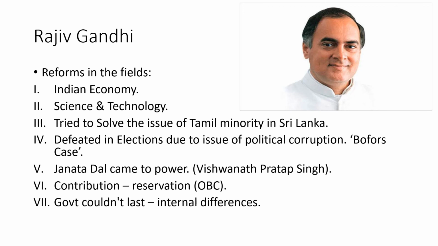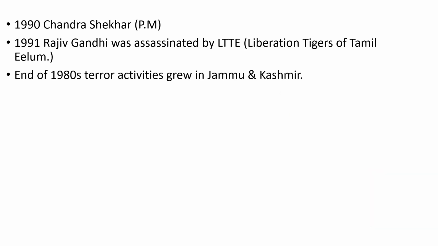The Janata Dal came to power and Vishwanath Pratap Singh became the next non-Congress Prime Minister. His contribution was reservation for the OBC, that is, other backward classes. But his government also could not last long due to internal differences.